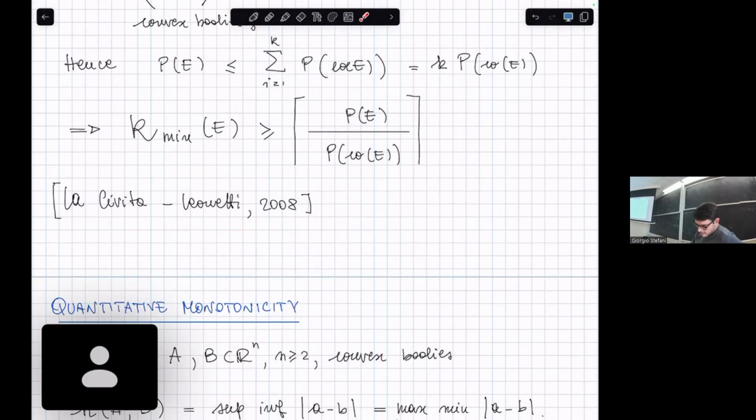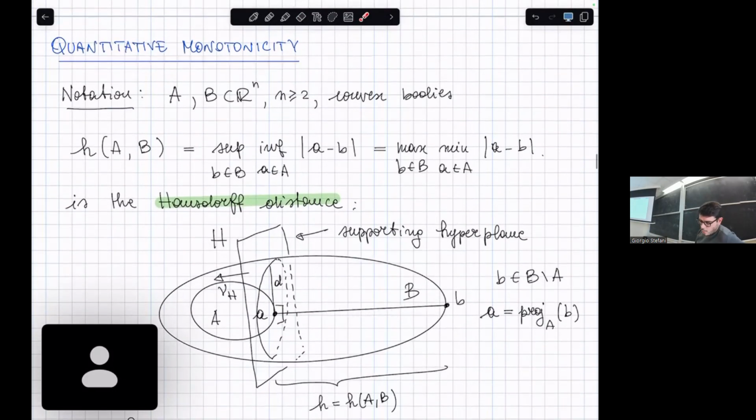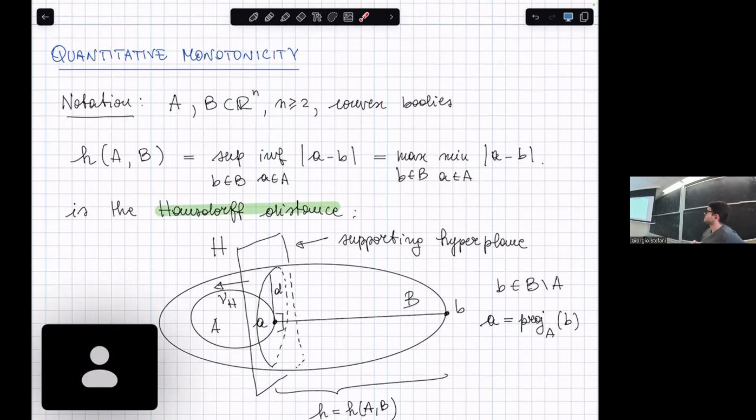Now I will go a little bit further and consider quantitative monotonicity. So again, I have two convex bodies. It's not necessary here for the definition to have convexity; you can do that for compact sets. I will consider the Hausdorff distance. If you don't know what the Hausdorff distance is, it is like that.